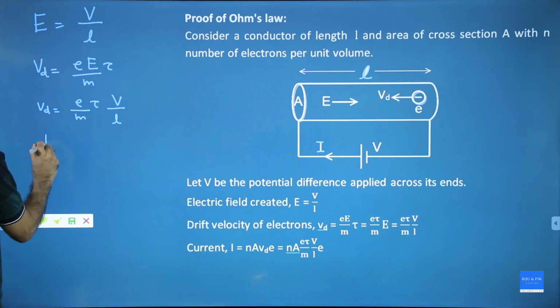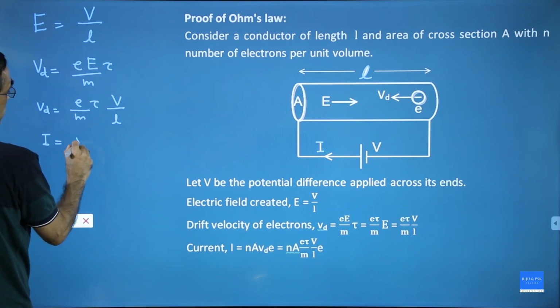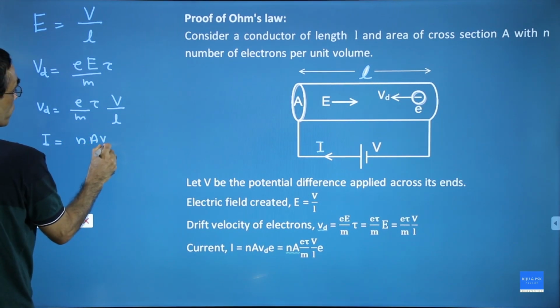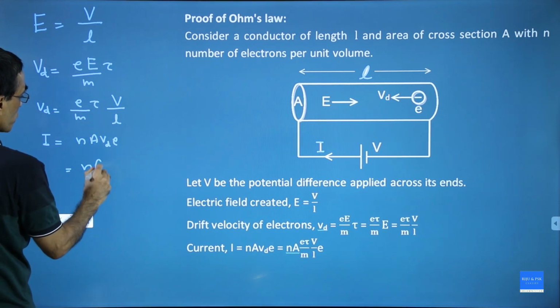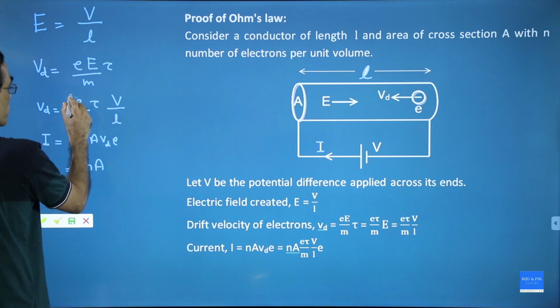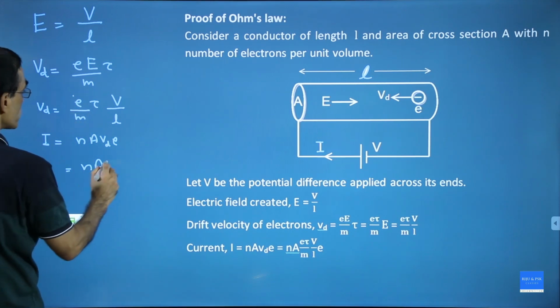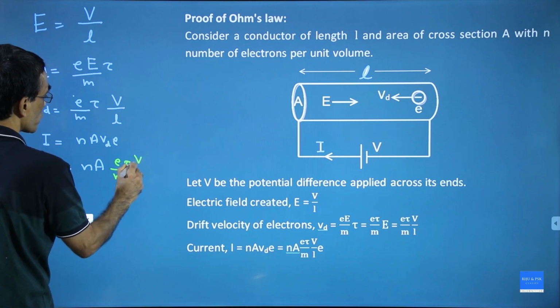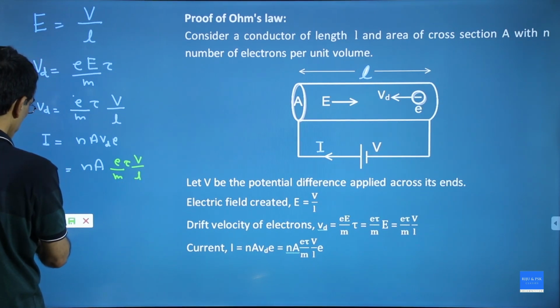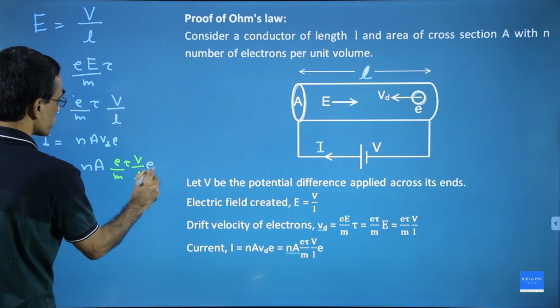We have an equation for current I, and that current I is nothing but n A into v_d into e. Substitute from the previous step, you get n into A into, for drift velocity substitute, that is e divided by m into tau into V by L, into e.